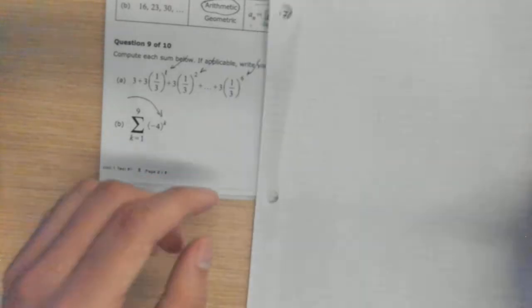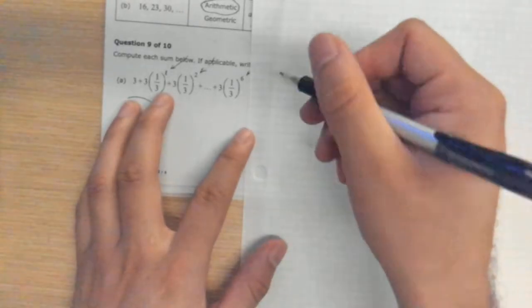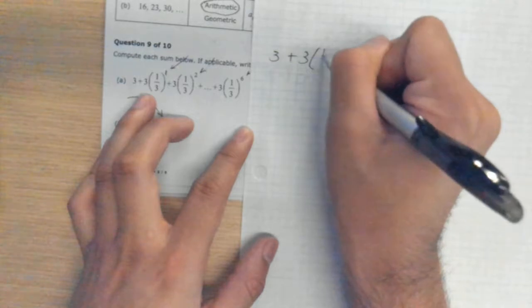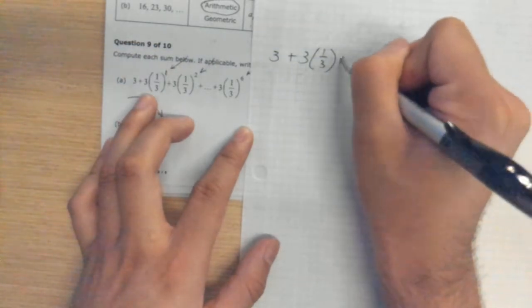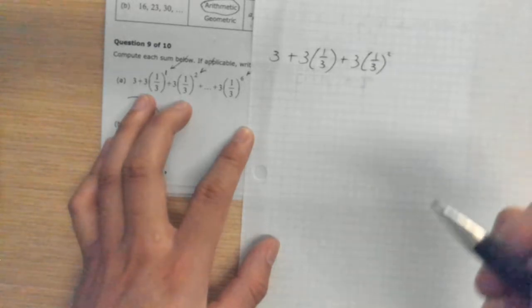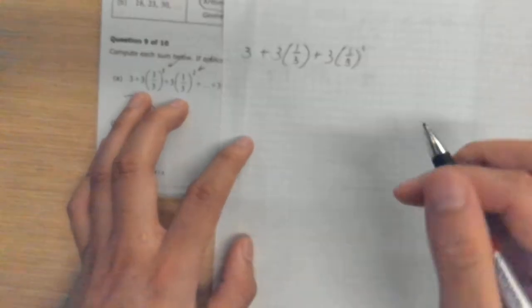If you don't see it, and don't know how to find it, you can recreate this pattern. You can check that 3 is the first term, plus 3 times 1/3 is the second term, then 3 times 1/3 raised to the second is the third term. Again, follow this pattern.